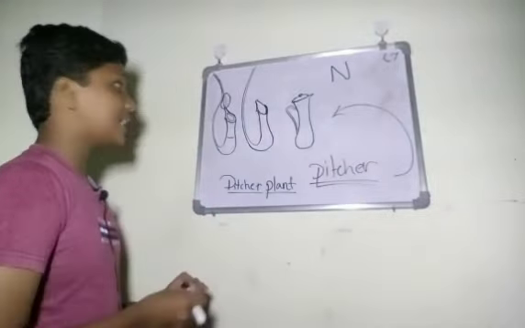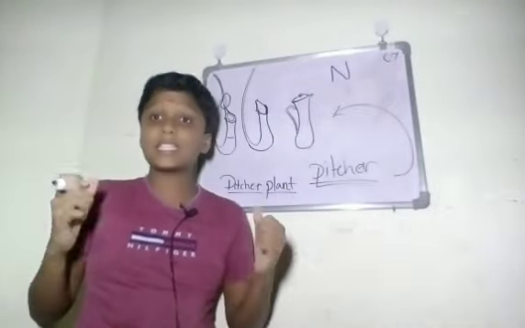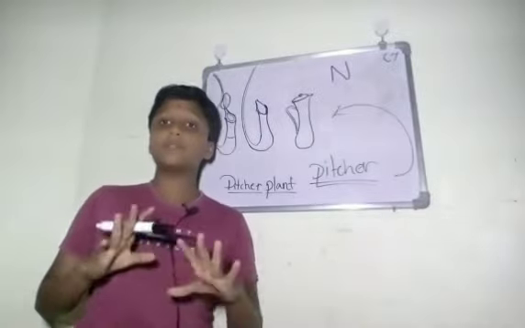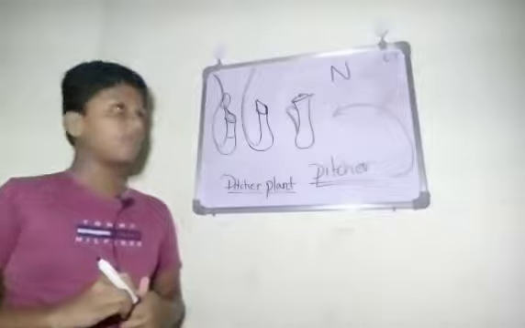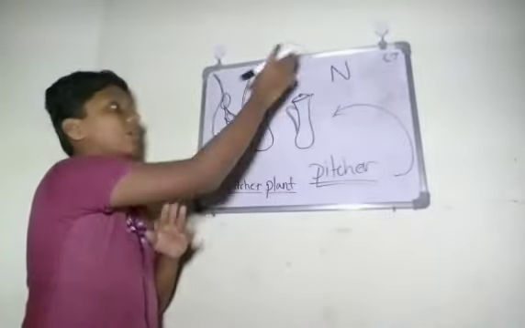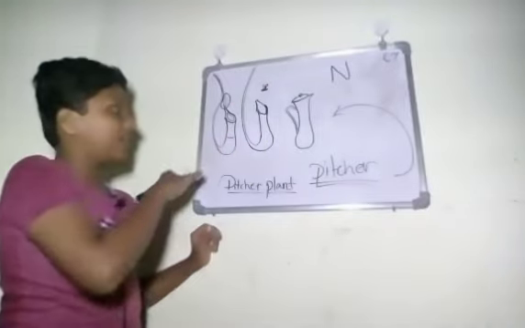So what does it do? These plants attract insects, capture them and eat them. They digest these insects. So cruel.